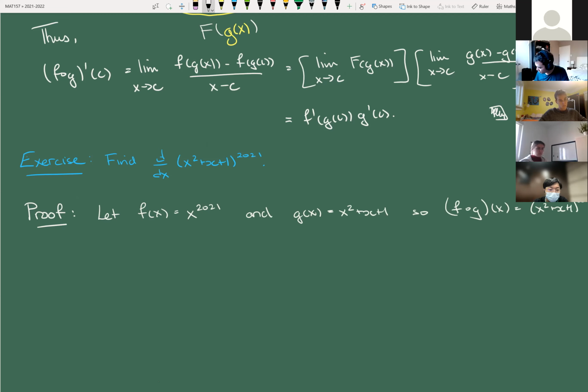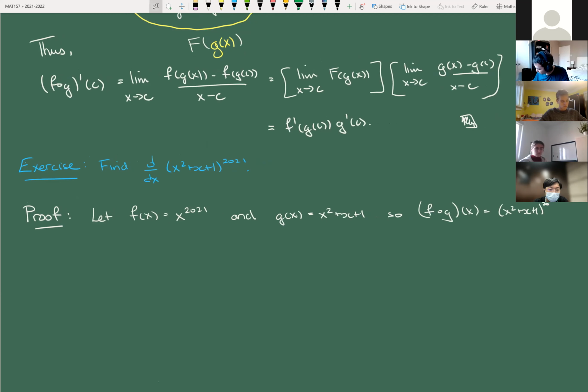Oh, I've run out of space, so we're going to zoom out a little bit. Like that, right? Now both of these functions are everywhere differentiable, and we can easily compute their derivatives. So by the power rule, f prime is this, and g prime is 2x plus 1.